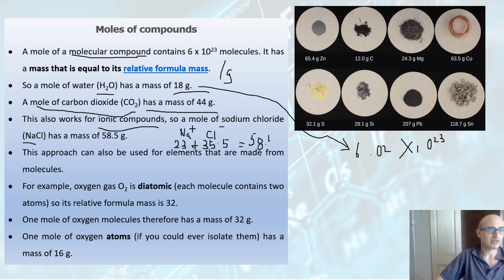So 58.5 grams is the mass of 1 mole of salt. So if you had to weigh out 1 mole of table salt, it would be done by weighing 58.5 grams.